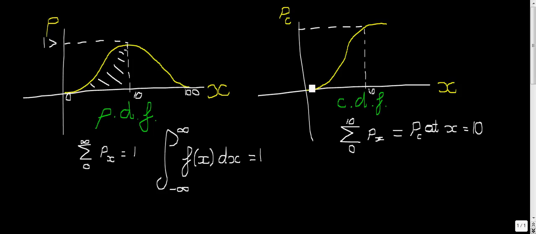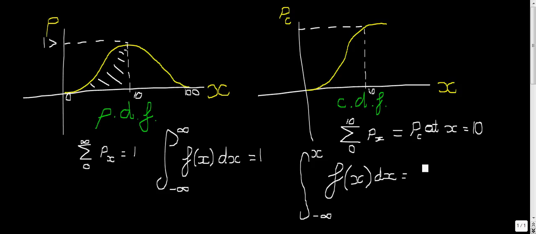So to get the function for a CDF, we take f of x, the function for our PDF, and we integrate it between bounds of, well, we'd normally say negative infinity and some value x. And because we've got a variable in our bounds, this is going to output some function which we'll call capital F of x.